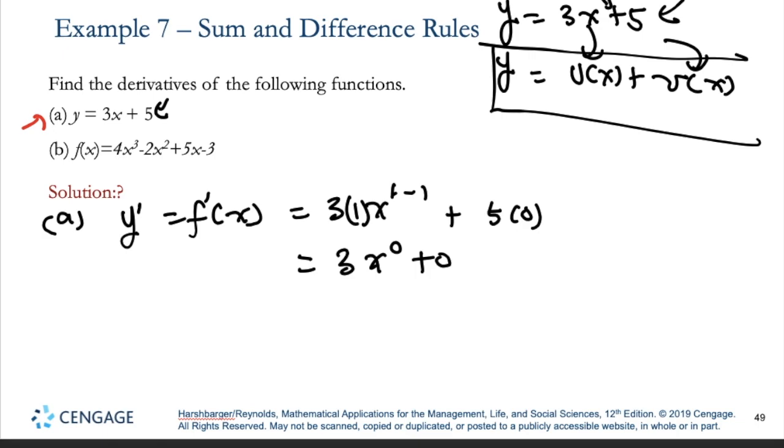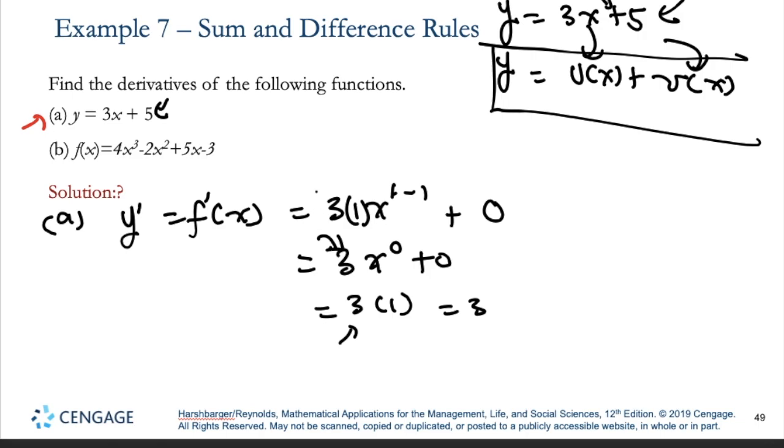Okay, so that means 0, that's the first one. And then 3 times 1, because x to the power of 0 means 1, isn't it? Equivalent to 3. And actually, if you're very good in maths, you don't have to write this step.